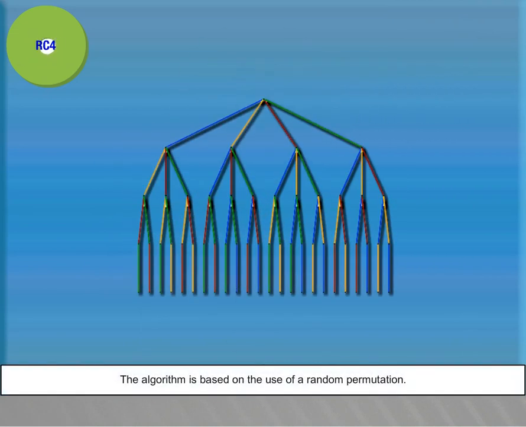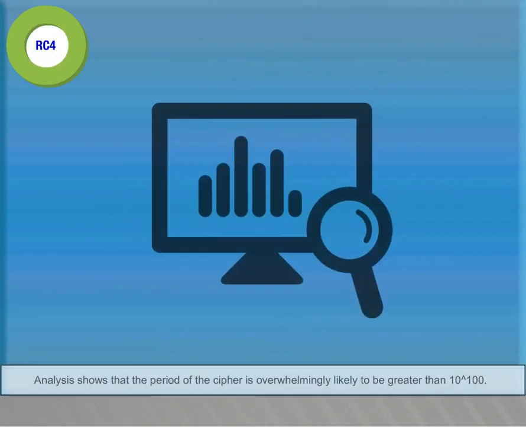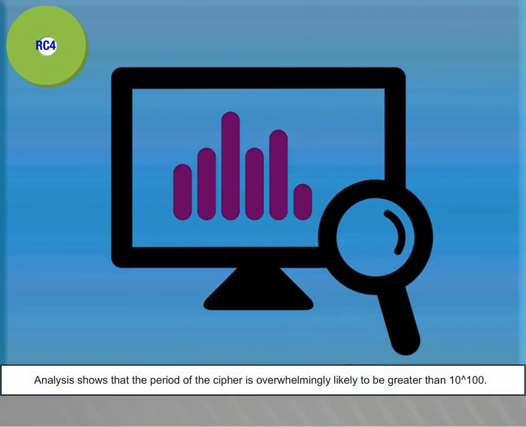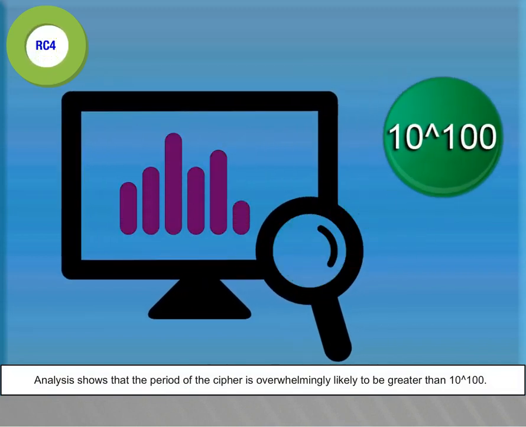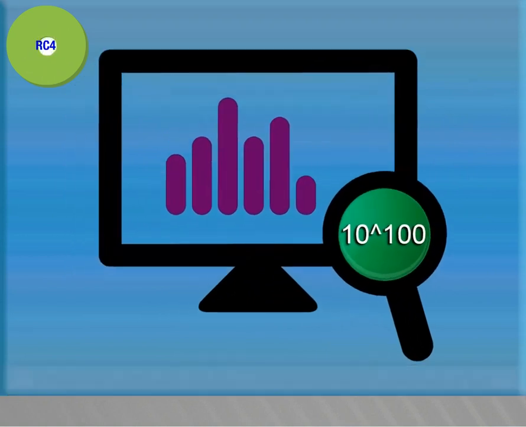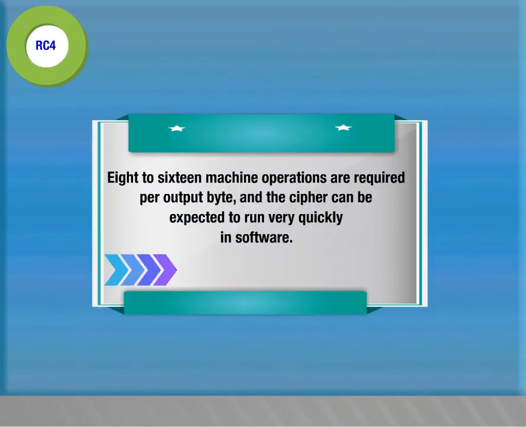The algorithm is based on the use of a random permutation. Analysis shows that the period of the cipher is overwhelmingly likely to be greater than 10^100. 8 to 16 machine operations are required per output byte, and the cipher can be expected to run very quickly in software.